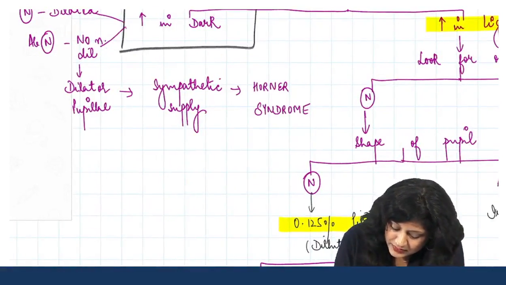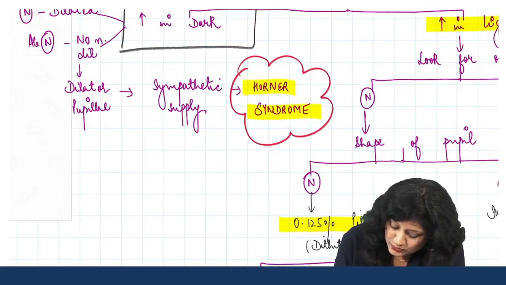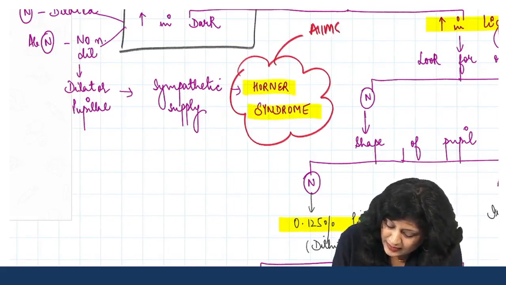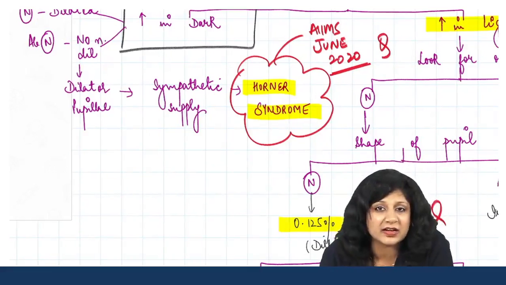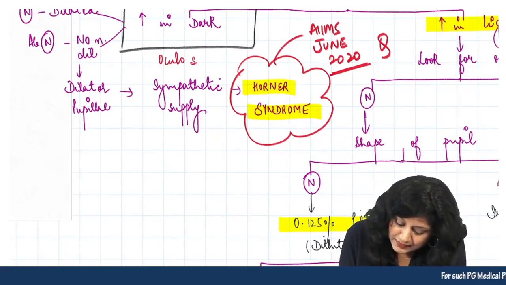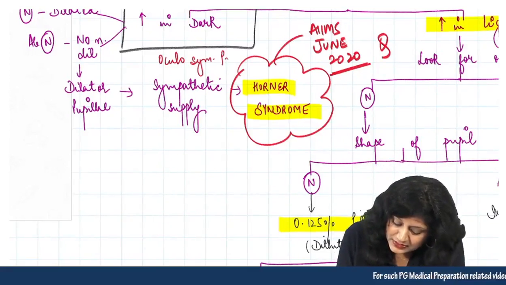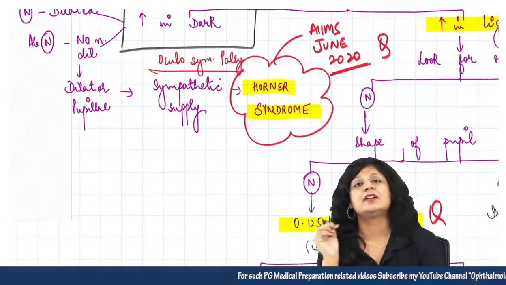Another important thing: this question was also asked in your AIIMS June 2020, that there was anisocoria that was increasing in dark conditions. Why? Because it is an oculosympathetic palsy, and therefore we are suspecting Horner syndrome here.